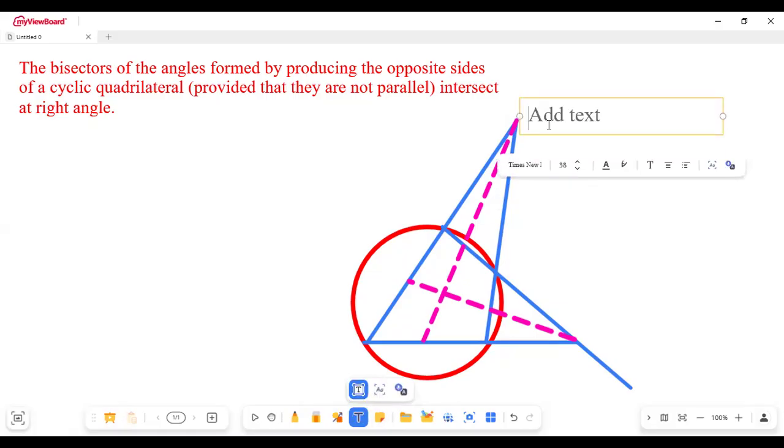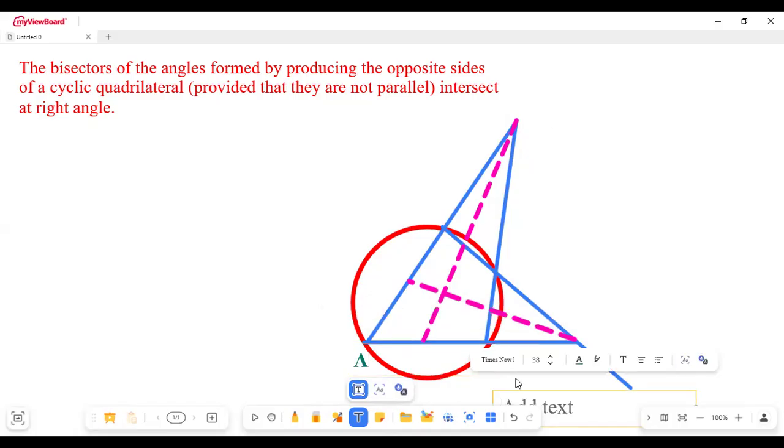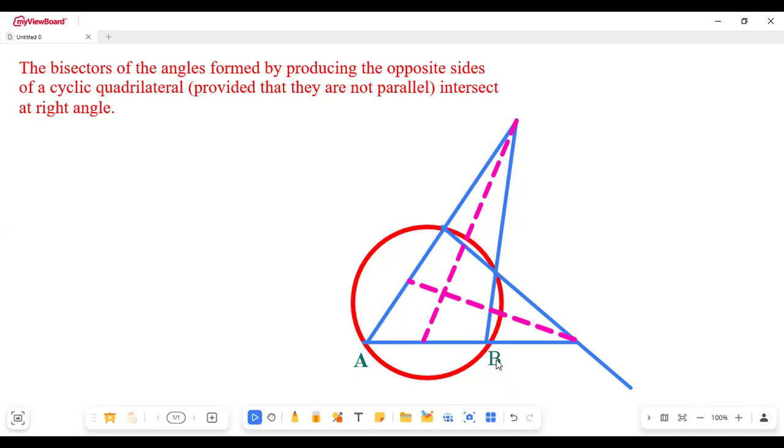First of all, this one is A. This point will be B, a little bold.